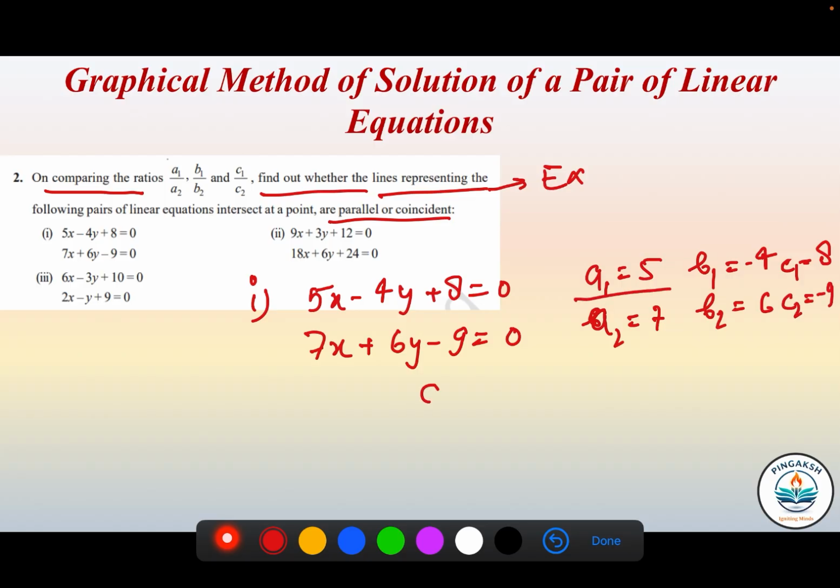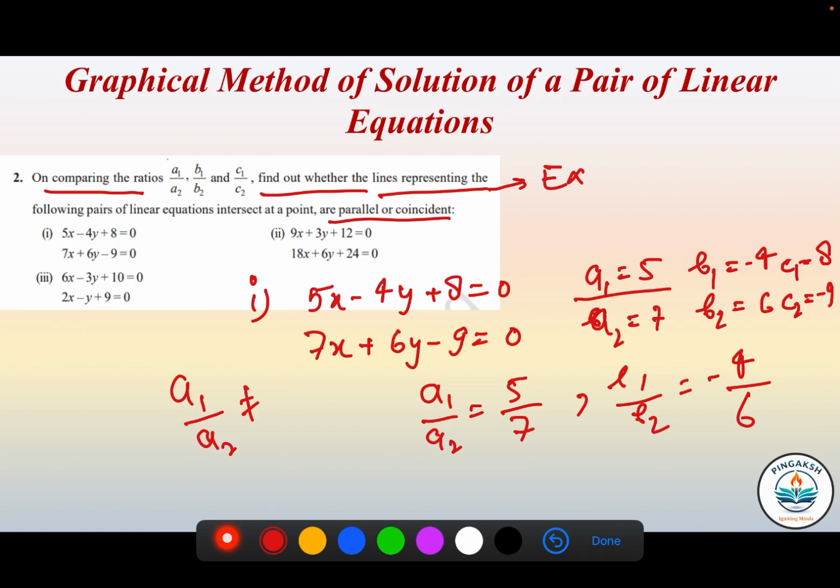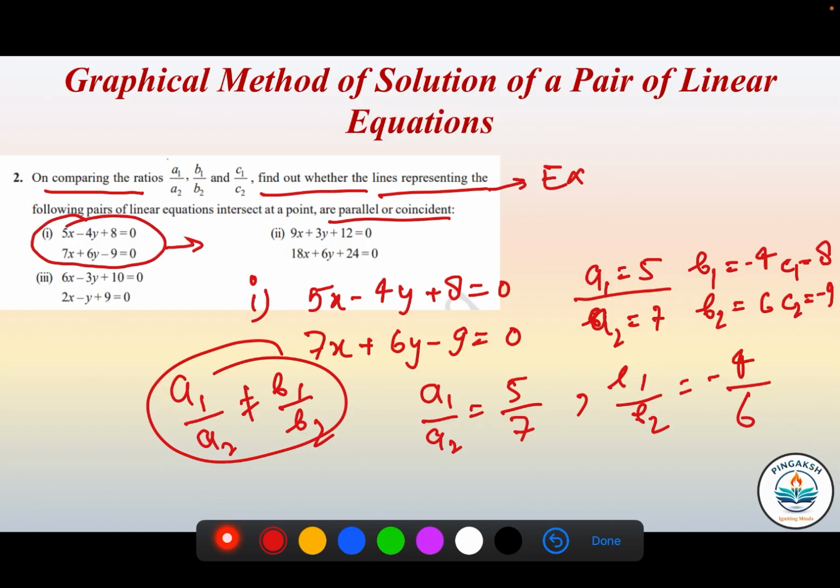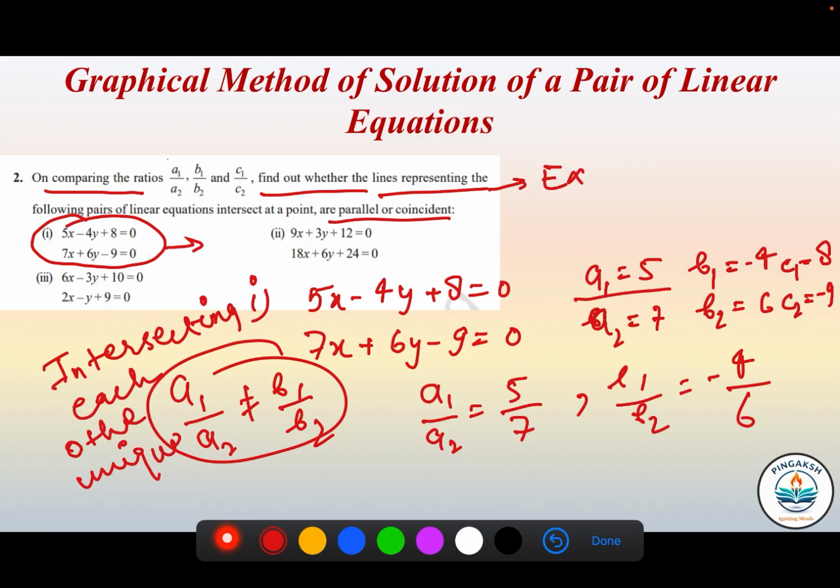If we divide, a1 by a2 is 5 by 7, and b1 by b2 is minus 4 by 6. So a1 by a2 is not equal to b1 by b2. So this pair of lines are intersecting each other and have a unique solution. What will their solution be? It will be unique.